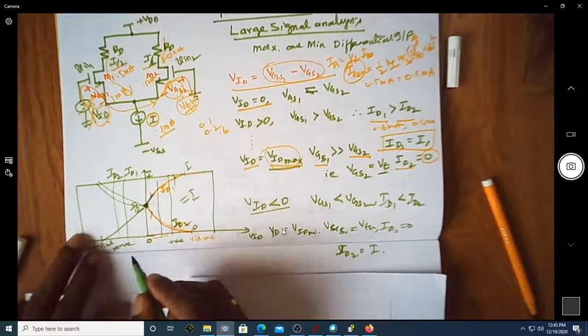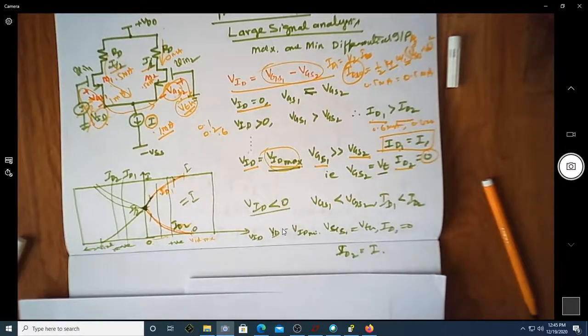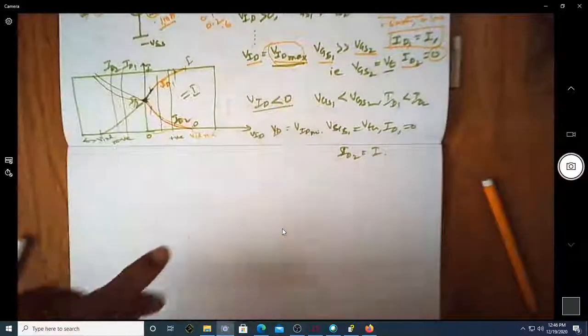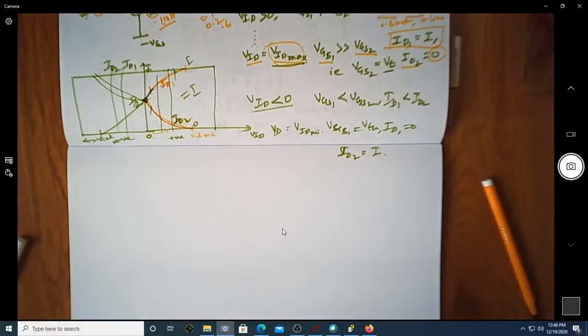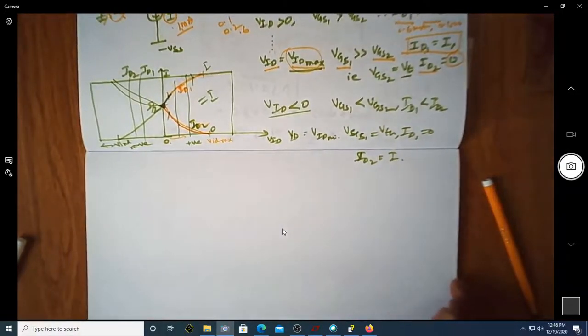Again, at each and every point, the summation of ID1 and ID2 will be equal to the tail current. So let us try to find out the value of VID max and VID min, so that your MOSFET can go to the verge of turning off.